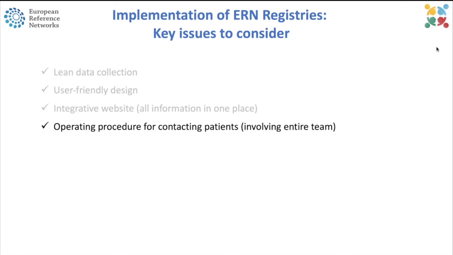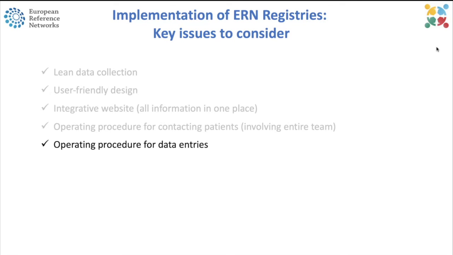And this should really involve the entire team, because sometimes the investigator linked to the ERN in a center is one, let's say, consultant, but the others do not feel so intimately involved in the ERN, and that must be overcome. So it really should be a team effort. And so by now, I think this is working increasingly well in our registry, but it has taken quite some time.